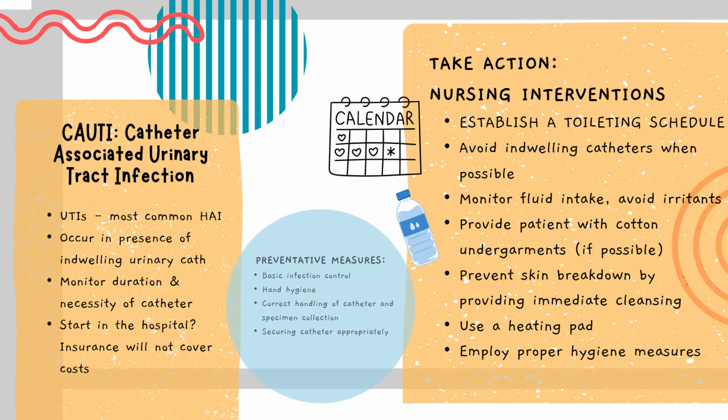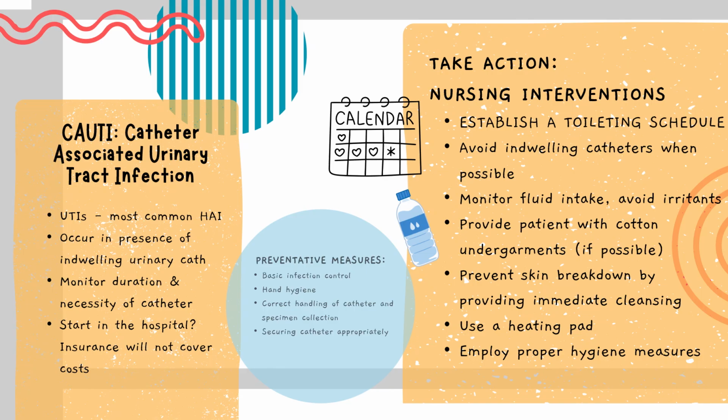Some risk factors: of course, if they have an indwelling catheter for a long period of time, many times the female sex is going to have an increased risk because they have a shorter urethra. Also poor catheter care, somebody that's immunocompromised, a diabetic, anybody in the ICU or being hospitalized, and your older individuals.